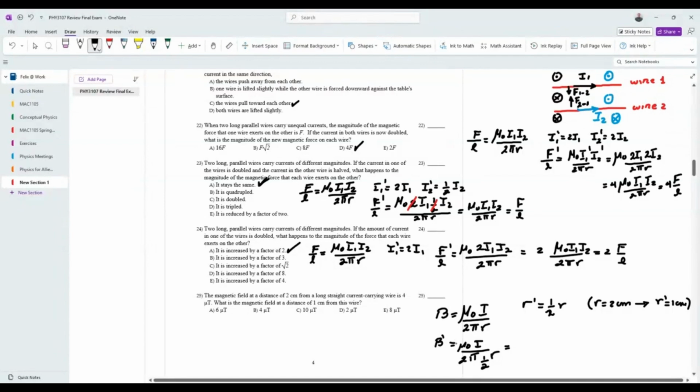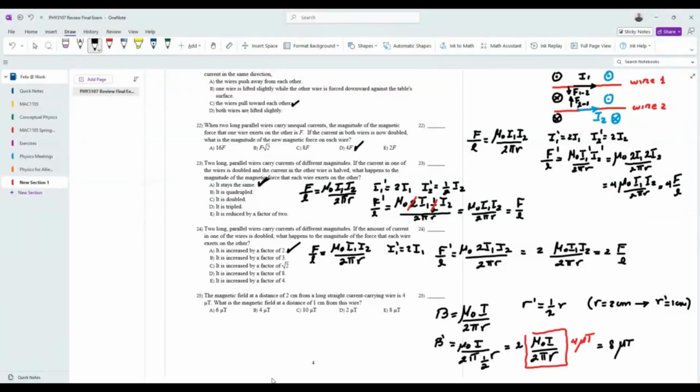So we get B prime. The magnetic field under the new conditions, flipping this 1 over 2, is 2 times mu sub 0 I over 2 pi r. This mu sub 0 I over 2 pi r was 4 microtesla. So all this expression was equal to 4 microtesla, and 2 times 4 microtesla will give you 8 microtesla.